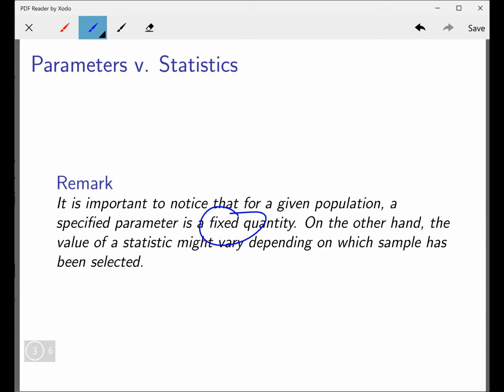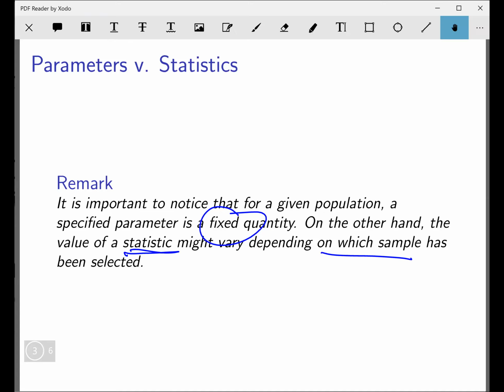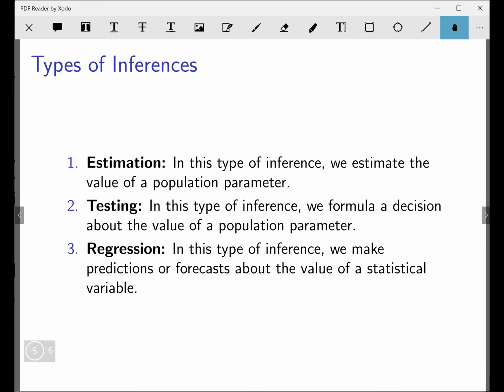However, if I take a sample of 5 students in my 12 o'clock class, and a sample of 5 students in my afternoon class, they're going to have different average heights. And therefore, the statistic will change depending on the sample. So unfortunately, we're in a world where we only get to use statistics to understand the parameters, but fear not, we can understand a lot from them.